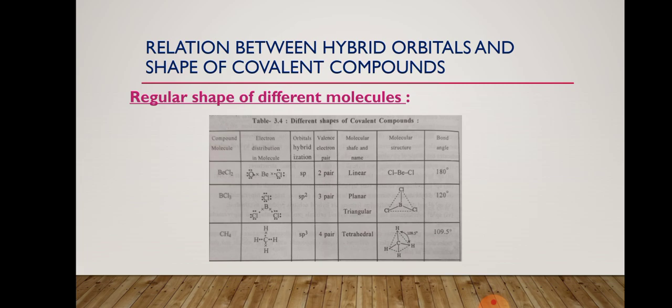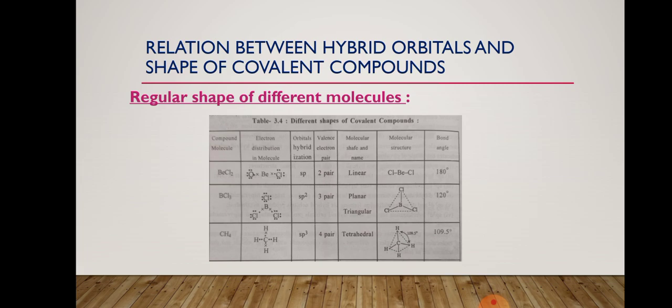Actually, the hybrid orbitals of a central atom in a covalent compound with special orientation determines the shape of compound.